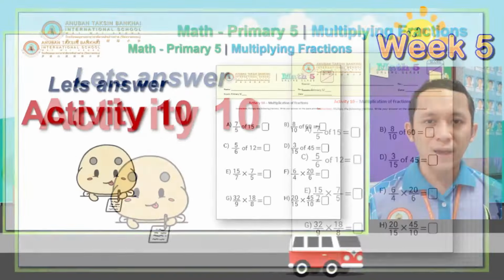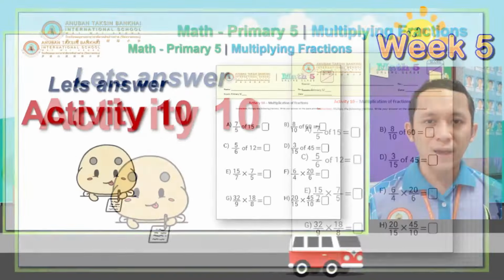So again, let's write our solution. When we say of, that's just saying multiplication. So 7 over 5 of 15 is the same as 7 over 5 times 15.